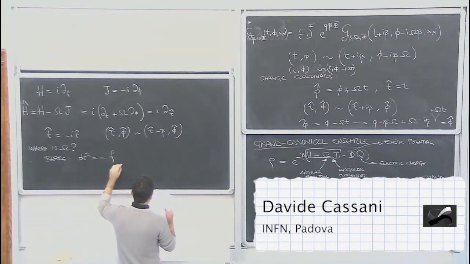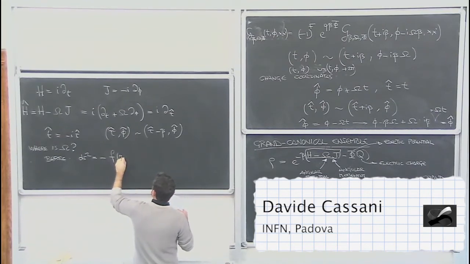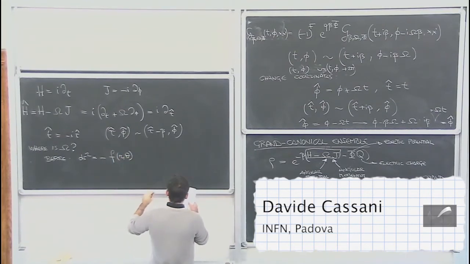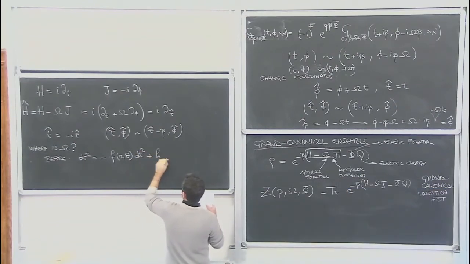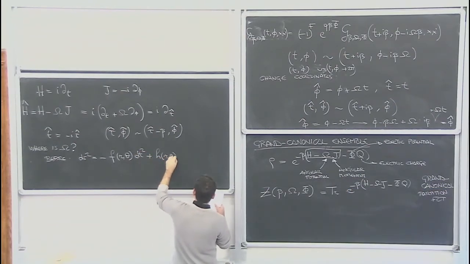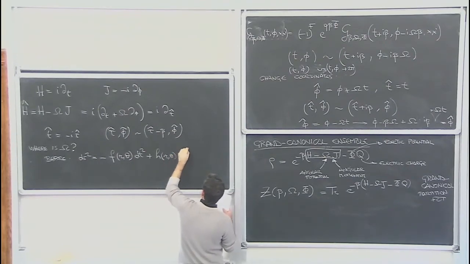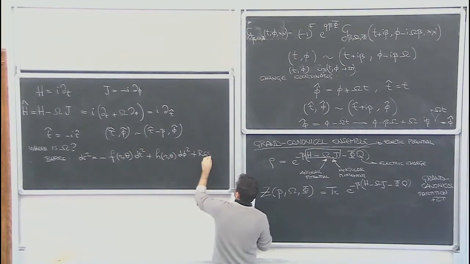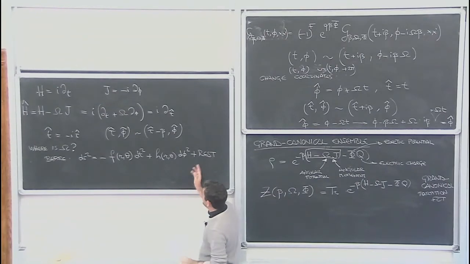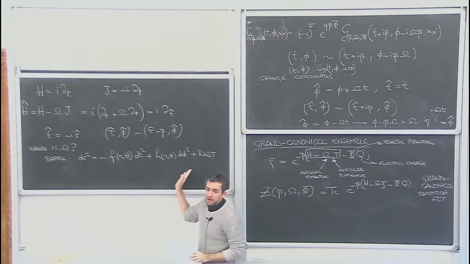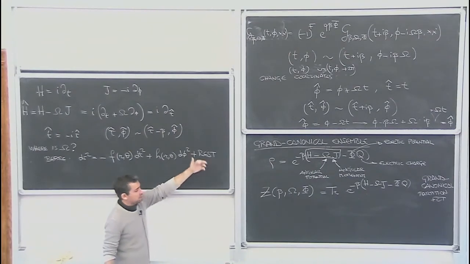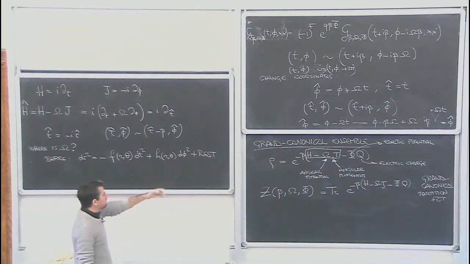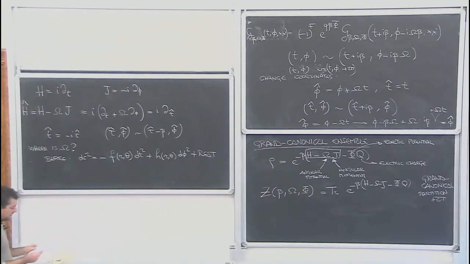A sufficiently general metric for us is some function of r and theta, dt squared, plus another function of r and theta, d phi squared, plus the rest. The rest is not so important. Here we are playing with t and phi. And the other terms, d theta squared, d theta d phi, are not too important.